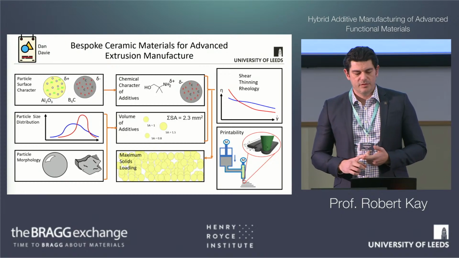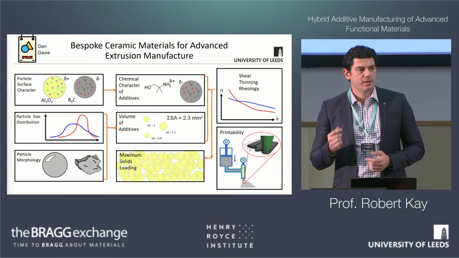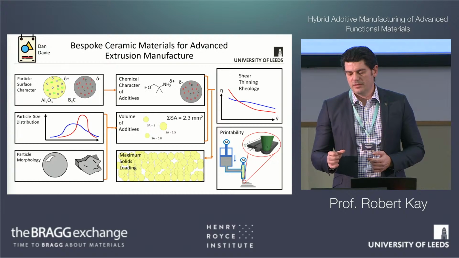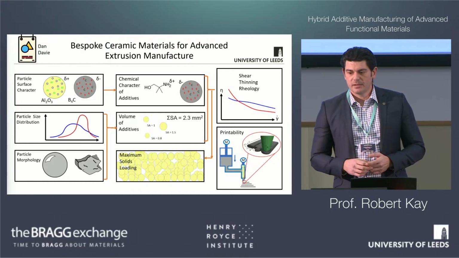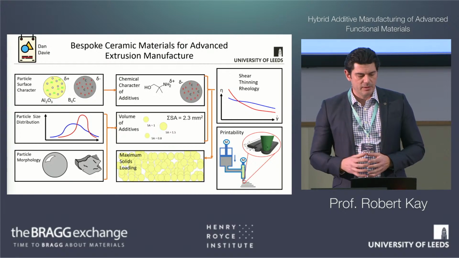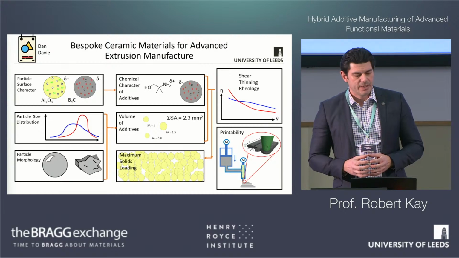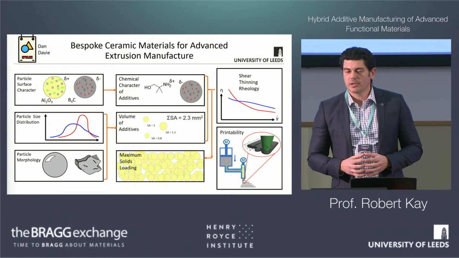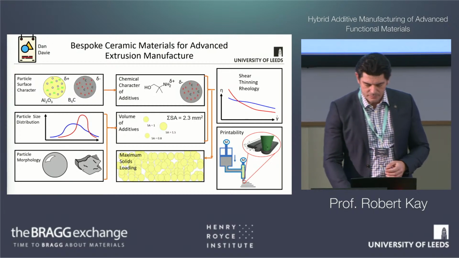The main thing is that you want the material to shear thin, so it flows out the nozzle, but then once it's deposited, it doesn't slump, it retains its shape. So it's that printability. Dan's currently looking at all these different parameters across about 10 different ceramics and trying to develop a kind of handbook on how you might be able to formulate a wide range of ceramic pastes.